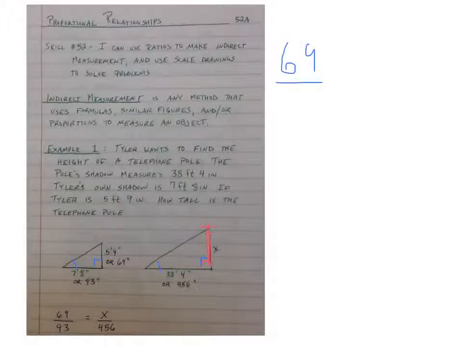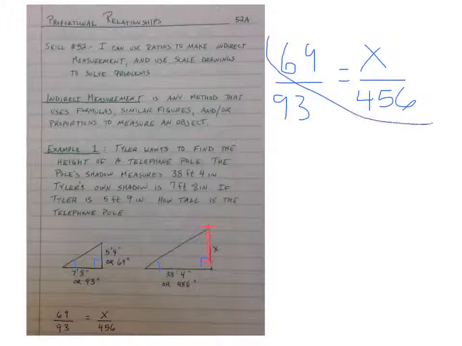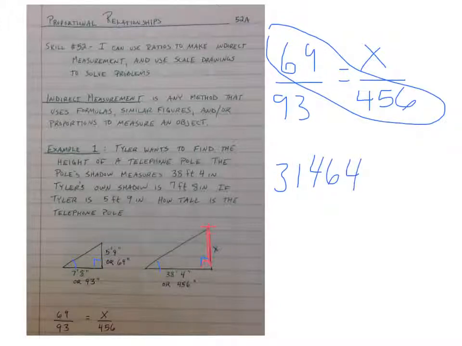So 69 to 93 is equal to x to 456. And we can do the cross multiplication and do 69 times 456, these two multiplied together gives us 31,464, and we set that equal to 93 times x.